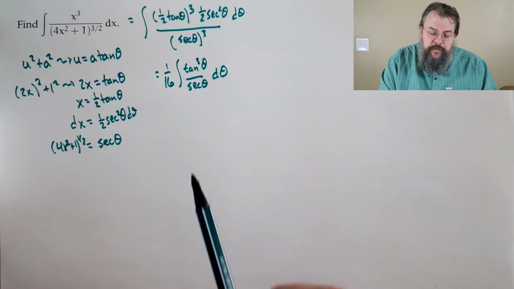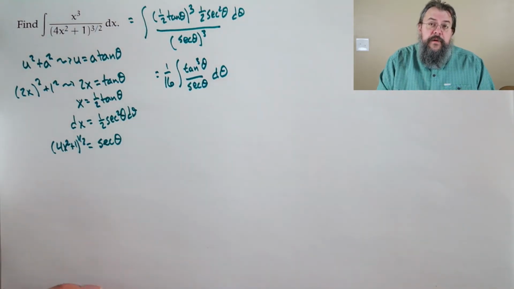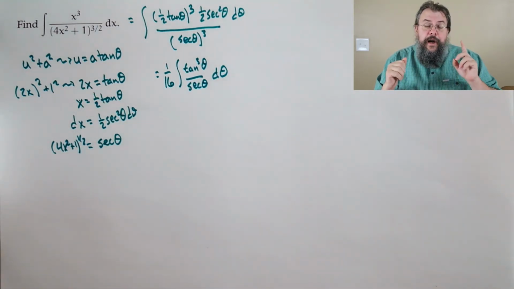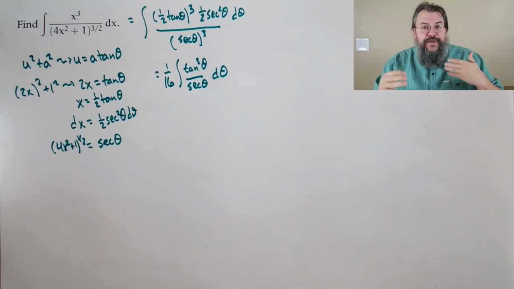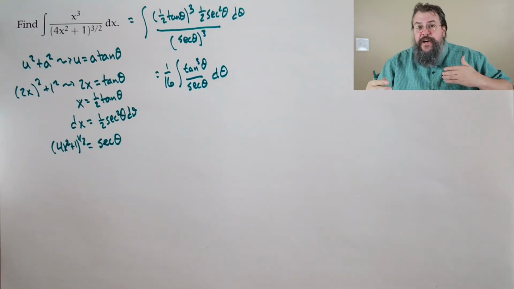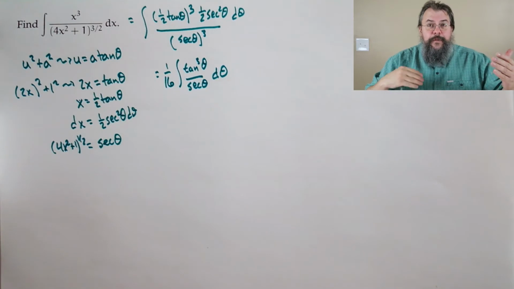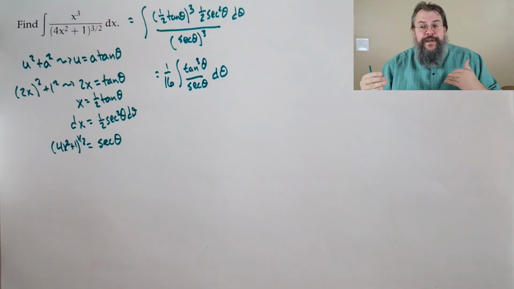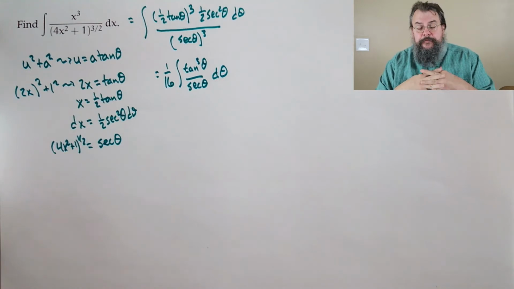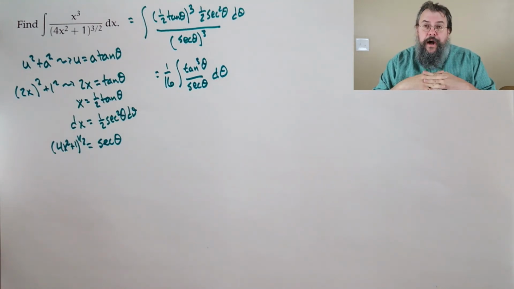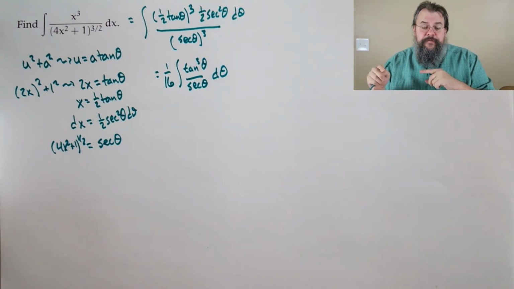Because of that tangent cubed, if I pull off a secant tangent, I'm pulling off just one of those tangents, which leaves me with a tangent squared. In the back of our minds, we have this mantra: tangent squared is a lot like secant squared. They're almost interchangeable because there's a beautiful identity that brings them together. So I'm going to try to pull off a secant tangent to the end.